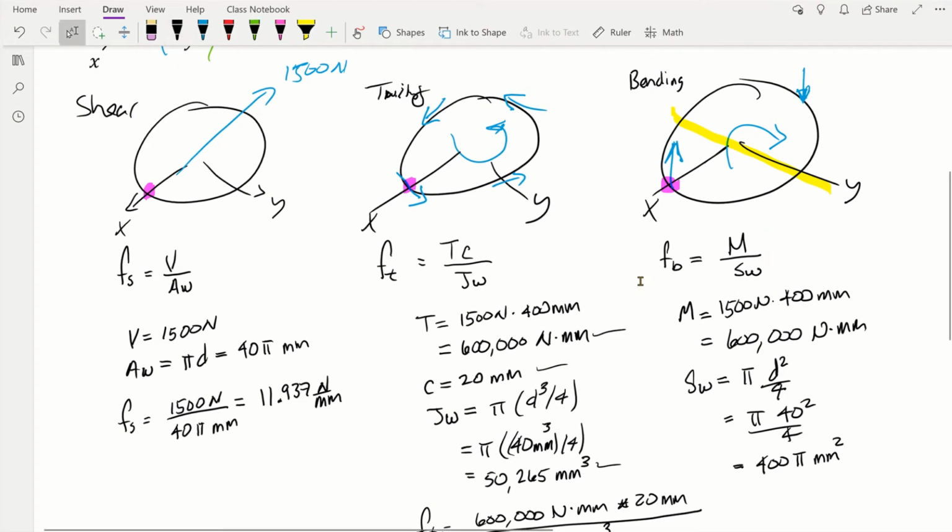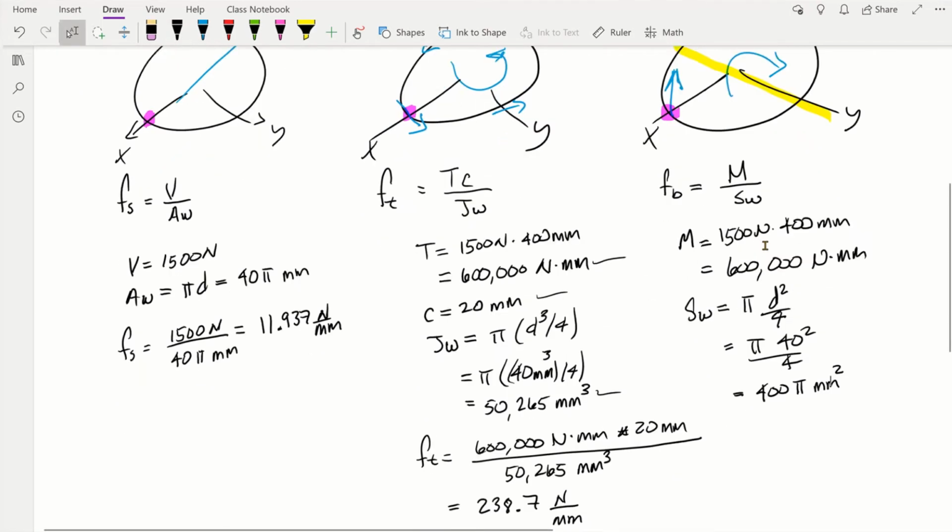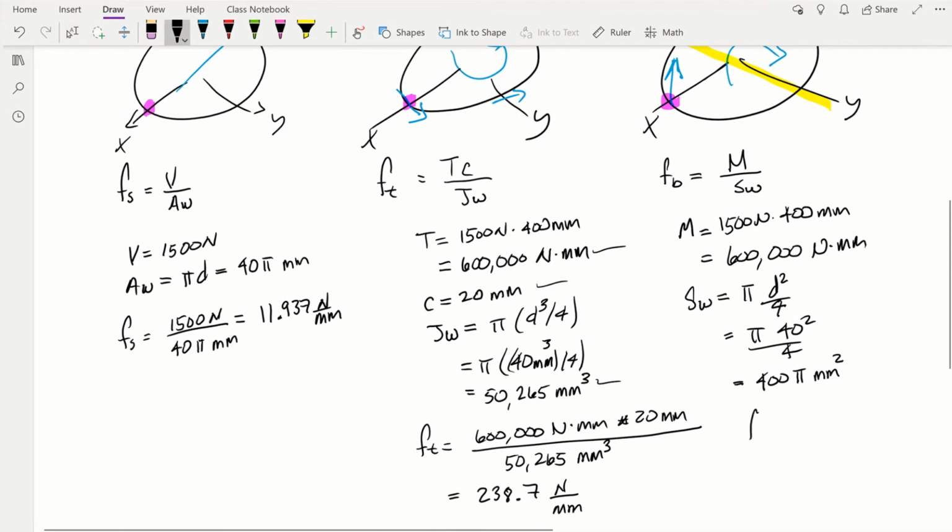So let's go ahead and put everything into the force equation, and we end up with a bending force of, on the top, the bending moment, 600,000 Newton millimeter, and the bottom is SW, which is 400 pi millimeters squared.